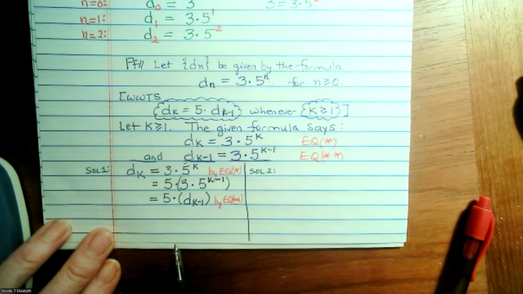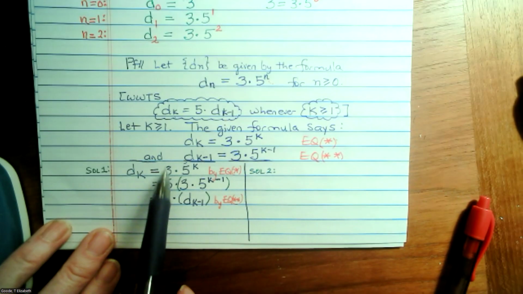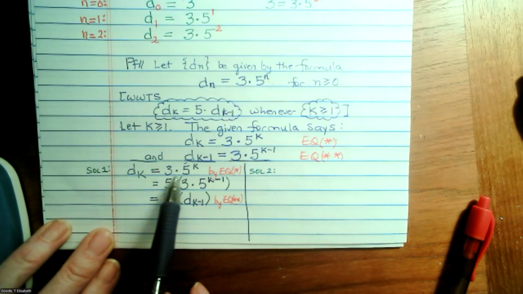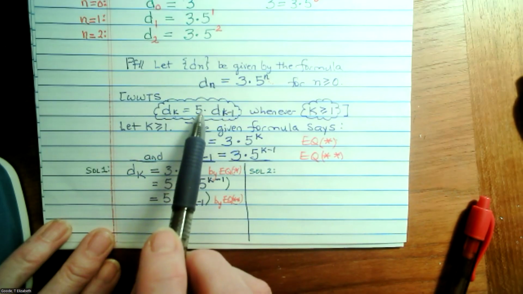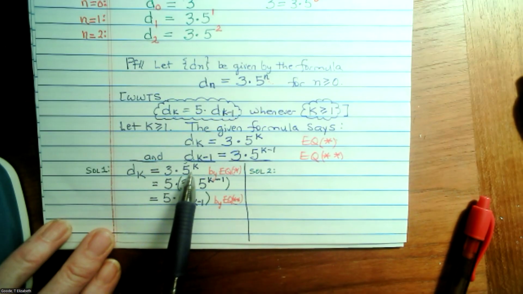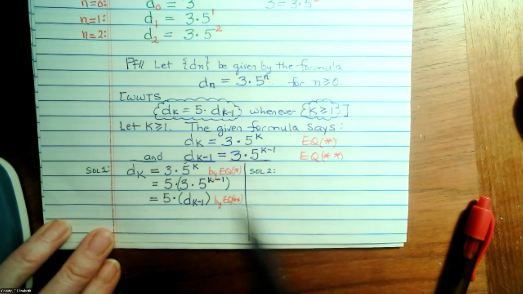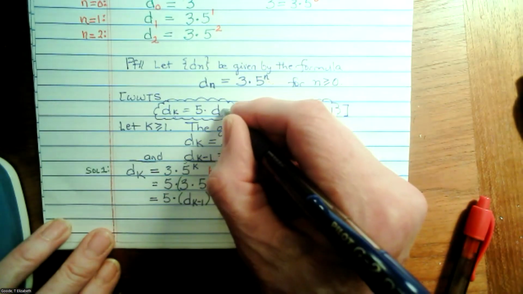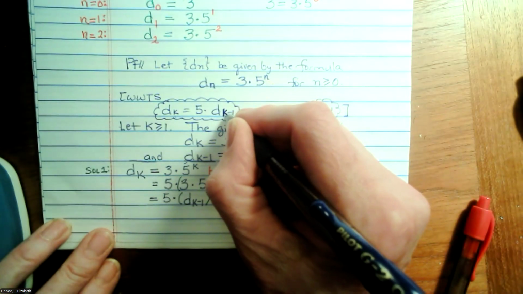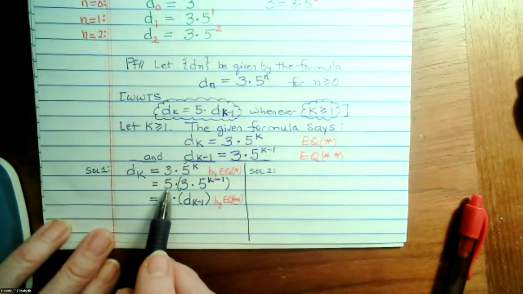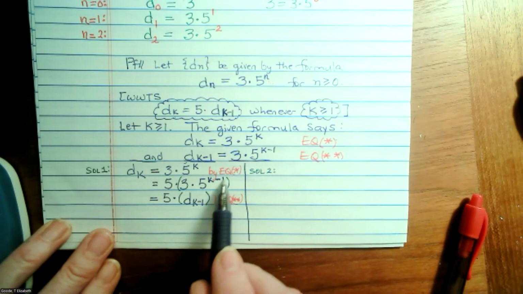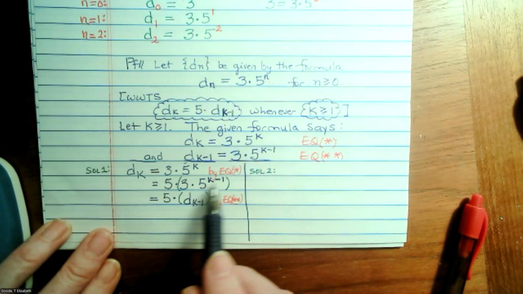How did I know what algebra to do? Well, we started with d sub k. We know it looks like this. And then I looked ahead to see what I needed. I knew I needed a 5. We got numerous 5s here possibly. It might just be one, but that's all we need. Because if there was only one of them, this 5 would be here, and the k minus 1 would be 0, and this 5 to the k minus 1 is really 5 to the 0.